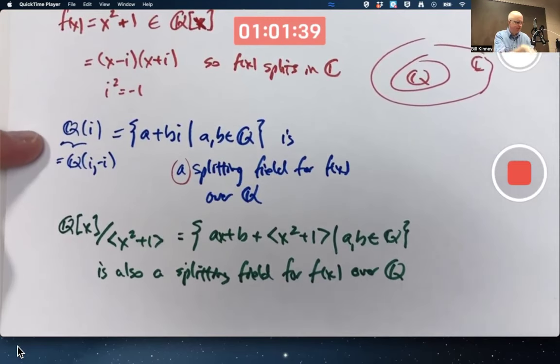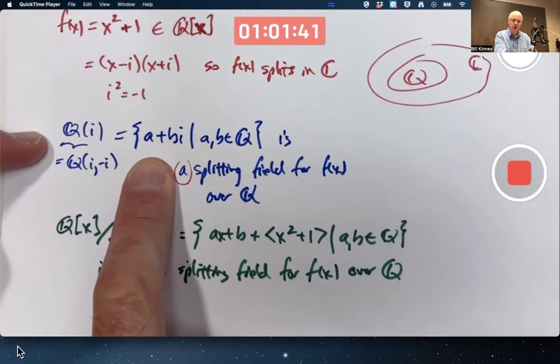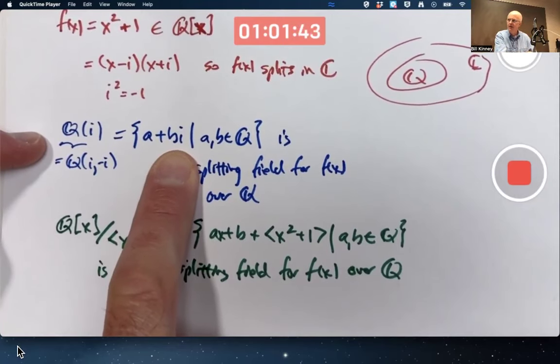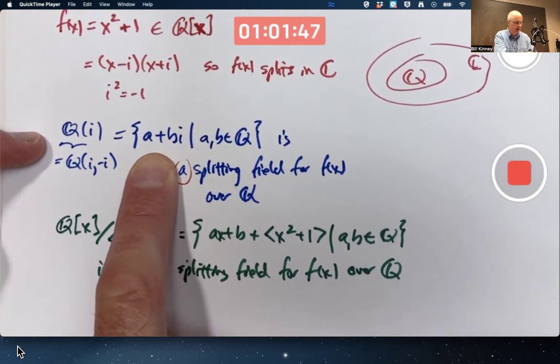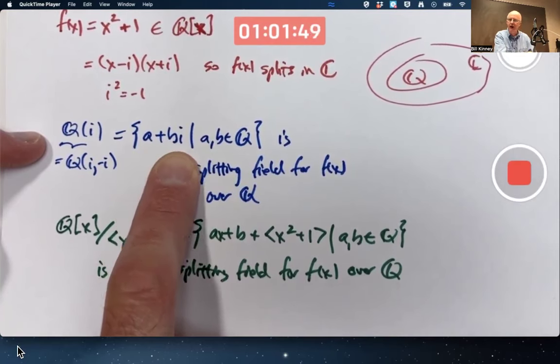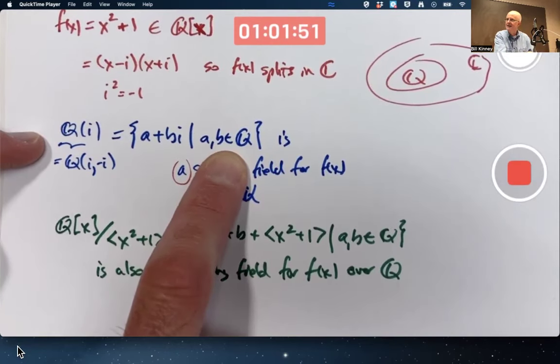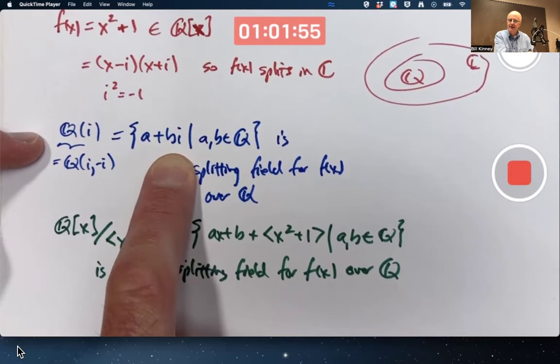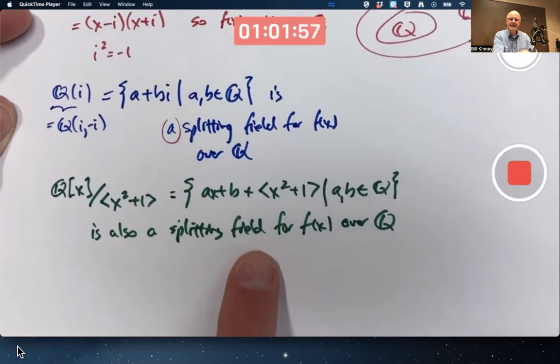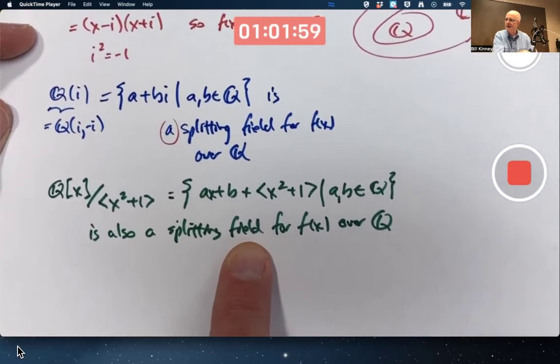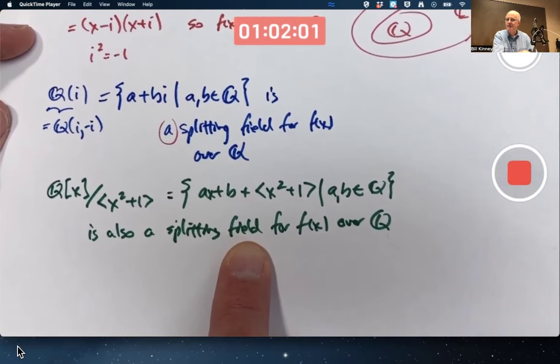This is pretty obviously a field extension of Q, right? Because you could take B to be 0. This has Q as a subfield, all numbers of the form A plus 0i, where A is rational. Emphasizes that Q is a subfield of this. But this also has Q as a subfield, at least if you think in terms of isomorphism.